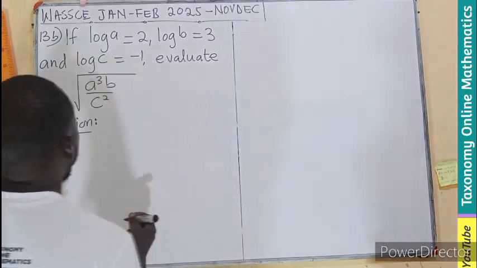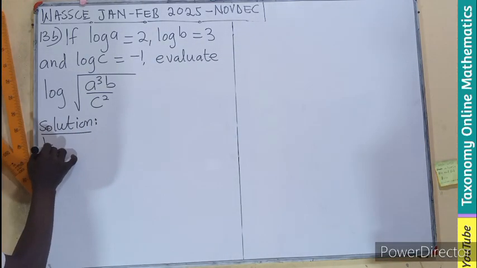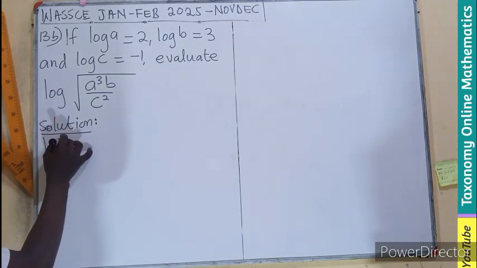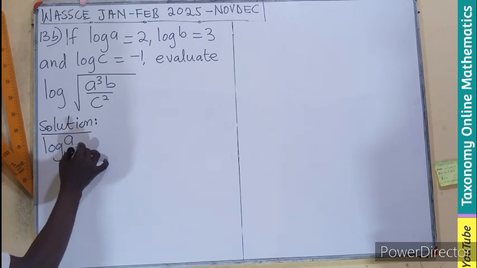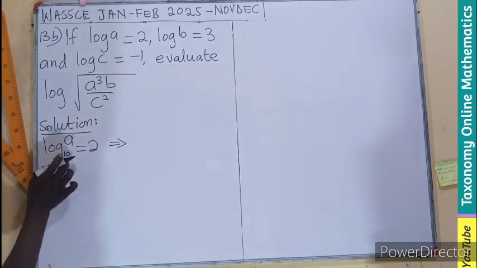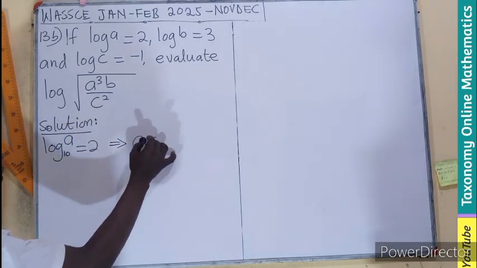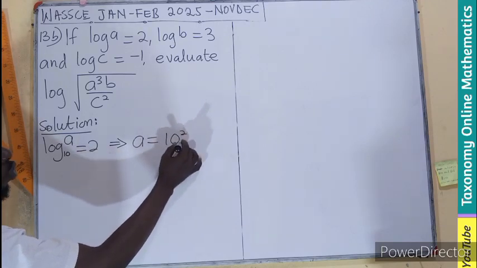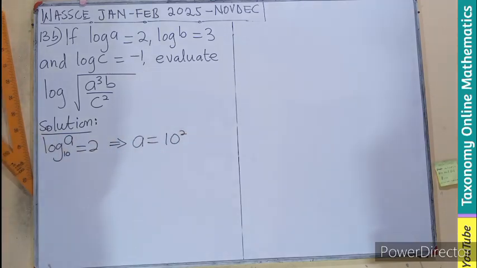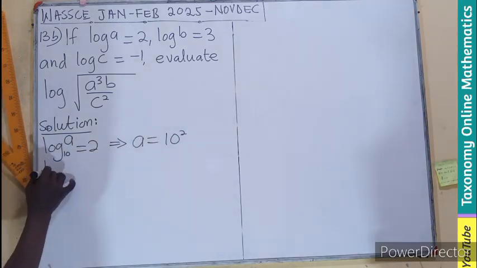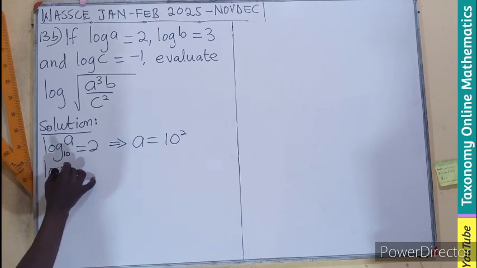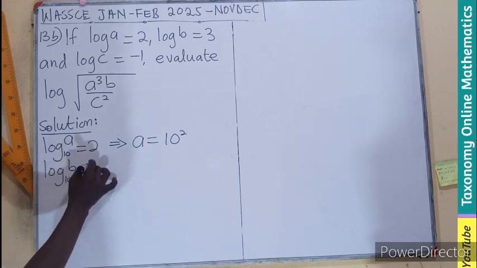So if I pick the log of a, base 10, equals 2, we can translate this from logarithm into indices, whereby 10 exponent 2 equals a. So a equals 10 exponent 2, right? Then the log of b base 10 equals 3.